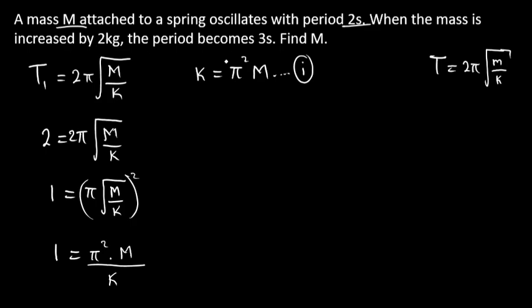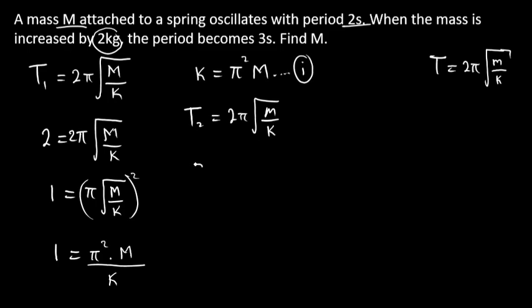So, for the second equation, it will be the same, but the only difference is that where there's mass, the mass increased by 2. And then remember, the period was now 3. So let's just rewrite it. Starting from where we started from, this is for period 2. This is equal to 2 pi square root of m over k.